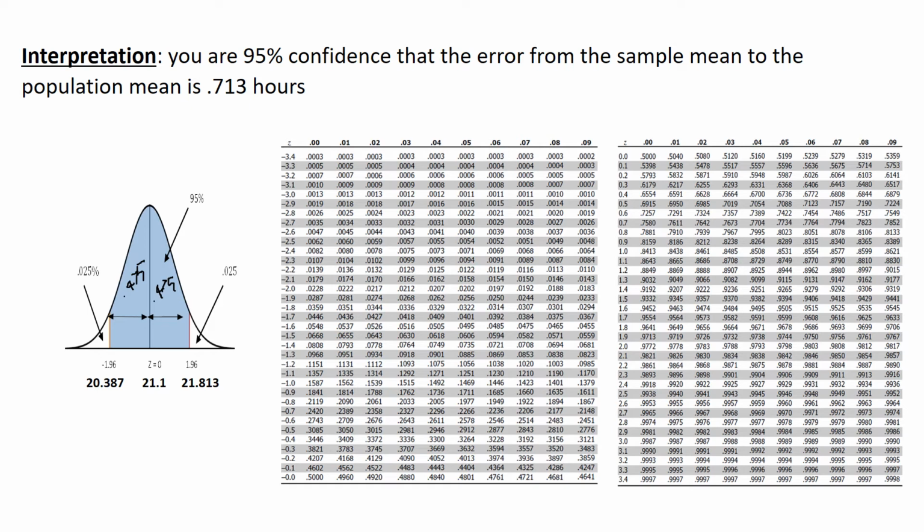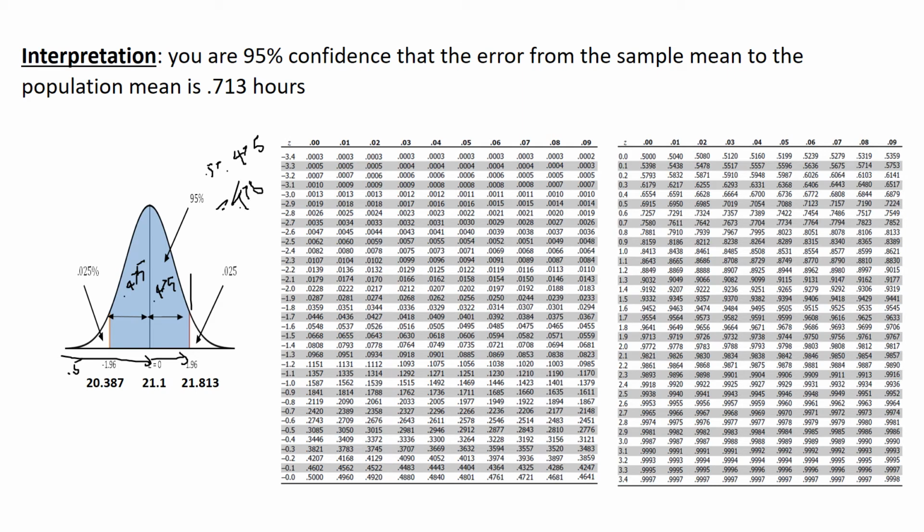I want to know what z-score this is right here. Well, from the very beginning to halfway is 0.5. And then 0.5 plus 0.475 from here to this point, which is 0.975.